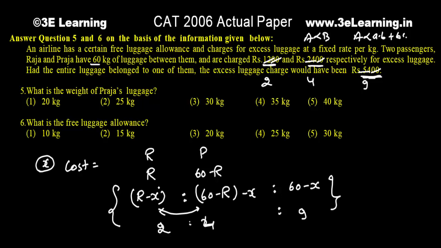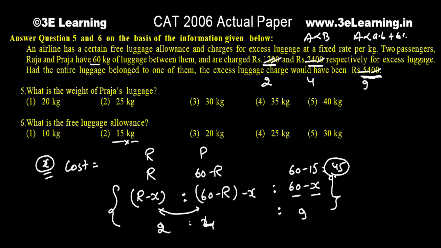If I create the equation, I am not going to solve it. Why so? I am looking at the equation which I have. 60 minus x must be a multiple of 9, because all the values should be integers. So among the options for the free luggage, x, only 15 is the one option which, when subtracted from 60, gives 45, divisible by 9.